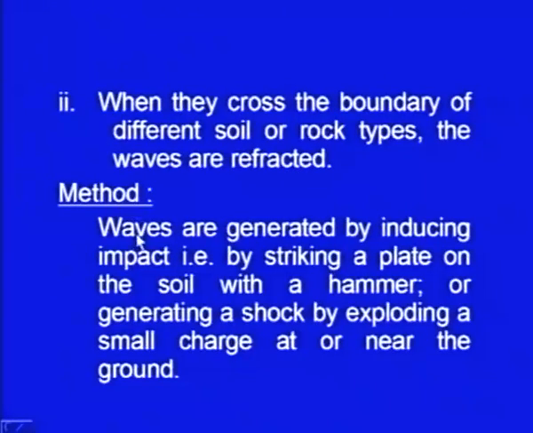The method consists of waves generated at a particular source. They may be generated by inducing impact, by striking a plate on the soil with a hammer, or maybe by generating a shock by exploding a small charge at or near the ground. So, there will be a source of waves.